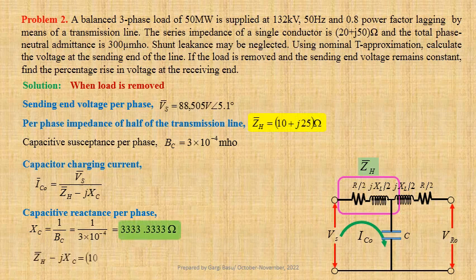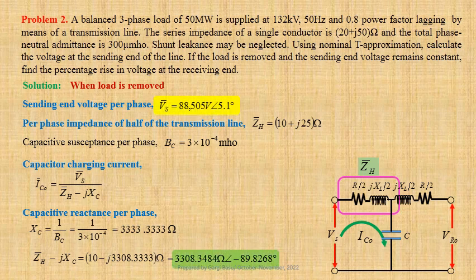Using values we get 10 minus j times 3338.3333 ohm. This may be written in polar form as 3338.3484 ohm at an angle minus 89.8268 degree.